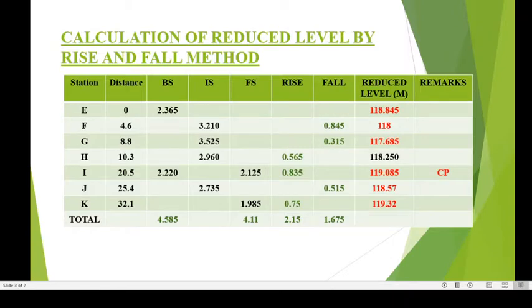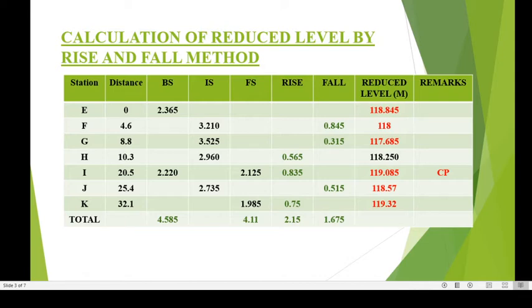First, we will try to calculate the values which were not given in the table, that is the reduced level, by the rise and fall method. As all the readings are given, we can easily calculate the rise and fall by subtracting 3.210 from 2.365. We get a negative value, that is minus 0.845. We tabulate it in the fall column.